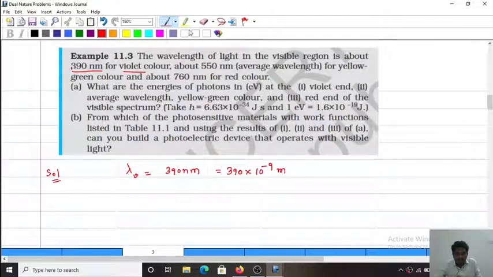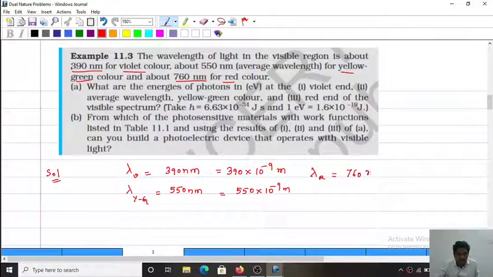And for yellow green color, the wavelength is 550 nanometers, that is equal to 550 into 10 power of minus 9 meters. And for red color, the wavelength is 760 nanometers, that is equal to 760 into 10 power of minus 9 meters.